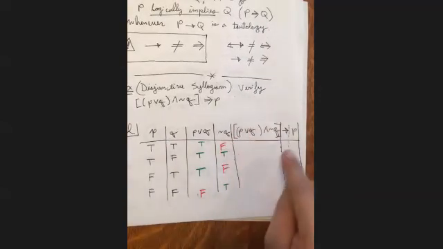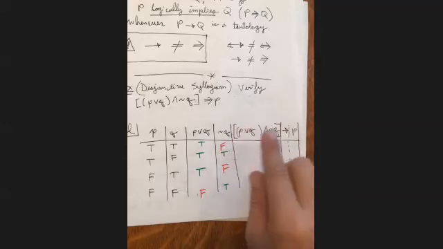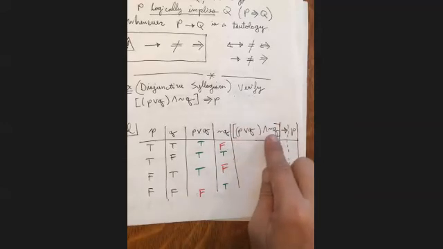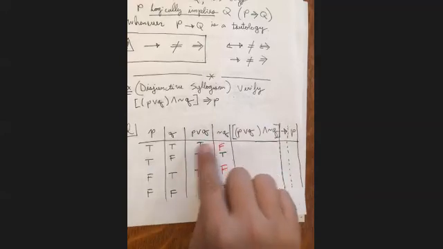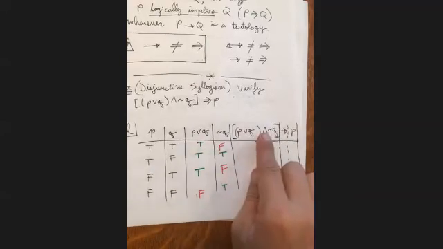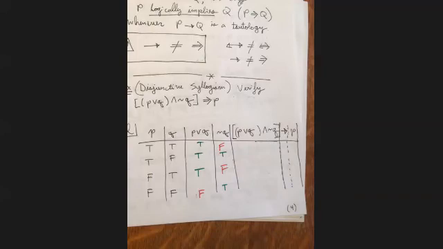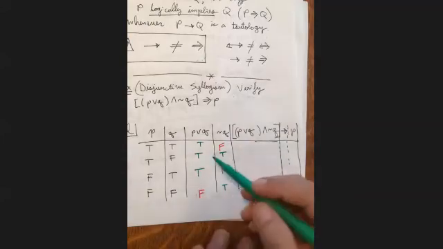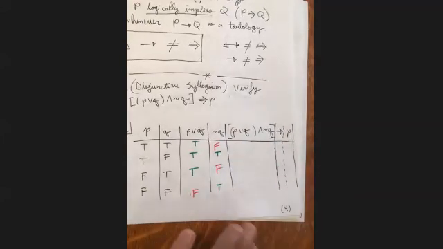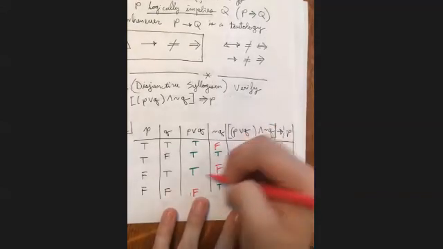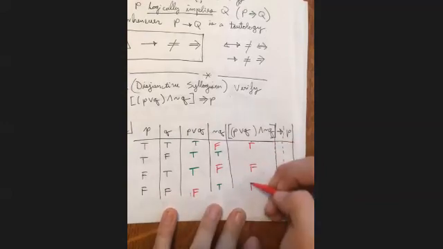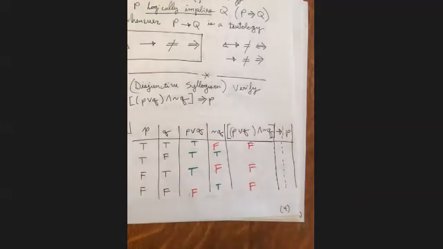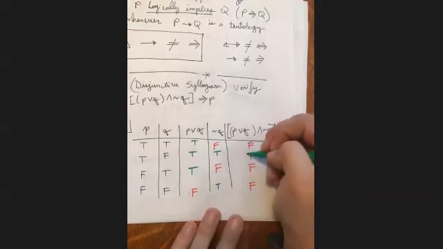Now we're going to evaluate this big complex statement, this and that. So it's an and statement for these two pieces. And statements are always false as long as there's one false, and only true when there are two trues. So if we look everywhere there's a false, we know the big and statement will be false. So there's one false there, and one false there, and two trues here.